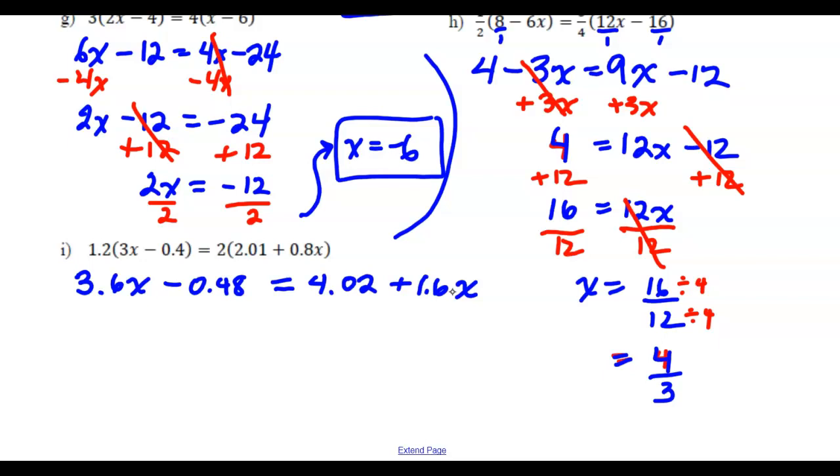And then the smallest x term is 1.6. So I'm going to subtract 1.6x from both sides.